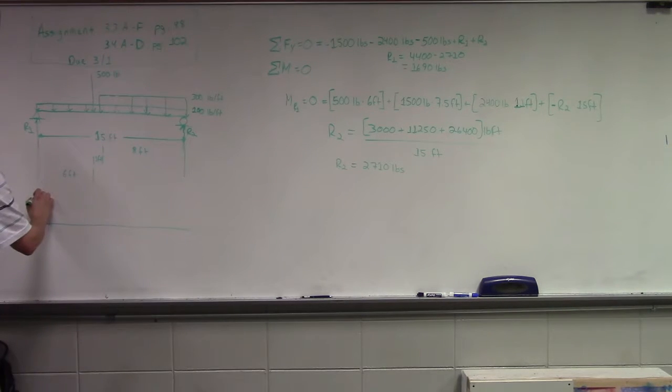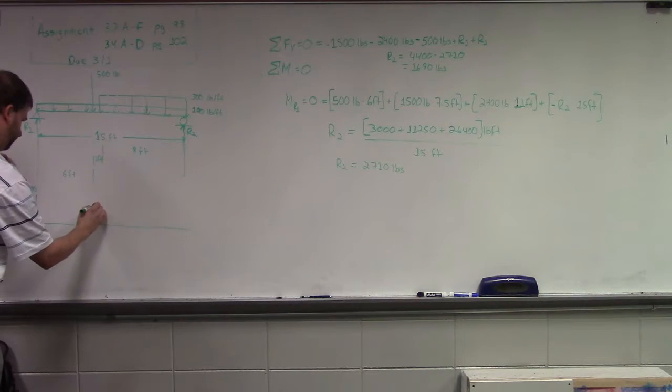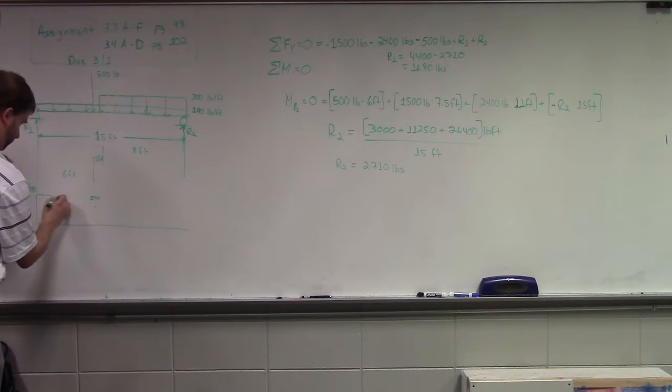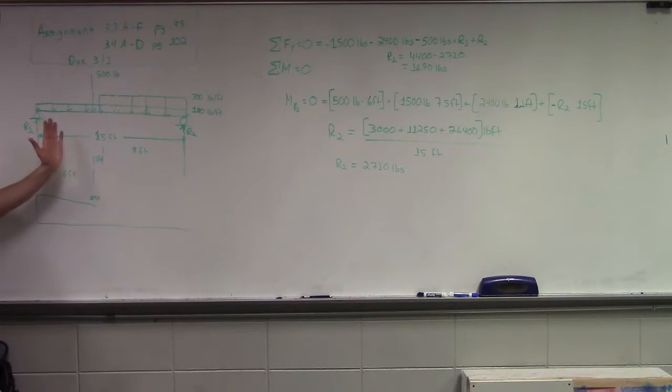And then what is it going to do up until 6 feet? It's going to drop 600 pounds over that entire distance. So 1,090. And when we get just to the right of our 500-pound force, it drops to 590.